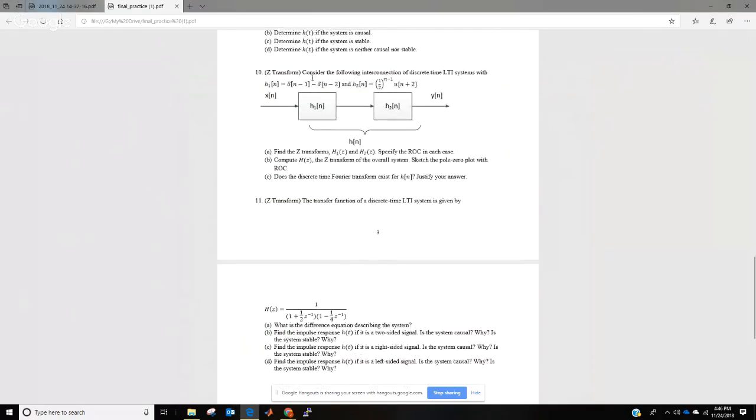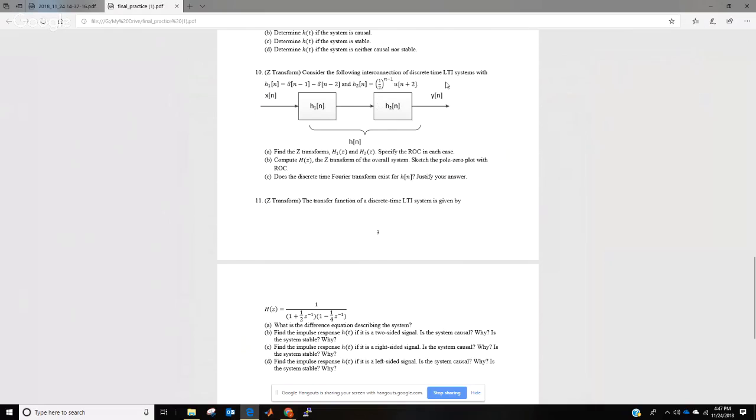Number 10. So now we're doing Z transforms because we have discrete time signals, which is basically the Laplace transform for discrete time signals. So consider the following, one of our favorite types of systems, with one impulse response feeding another.